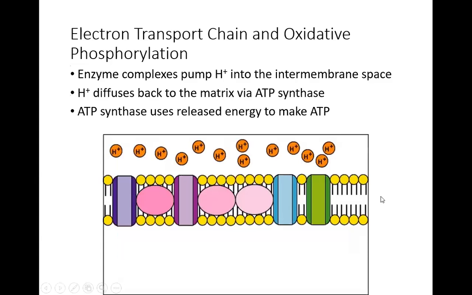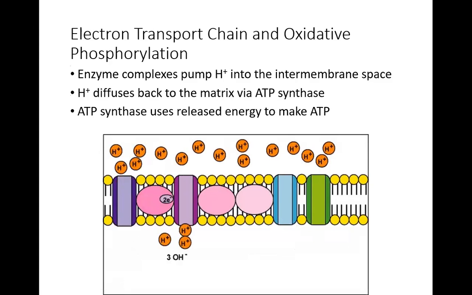So here's a little better animation than that. Here comes our first NADH right there. It is oxidized by the enzyme. It gives off its hydrogens, which are pumped across by the presence of the electrons.